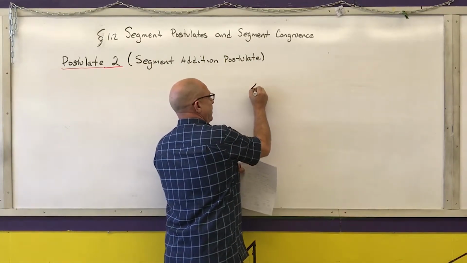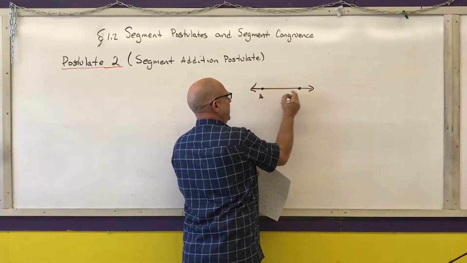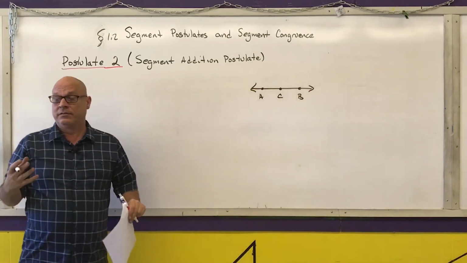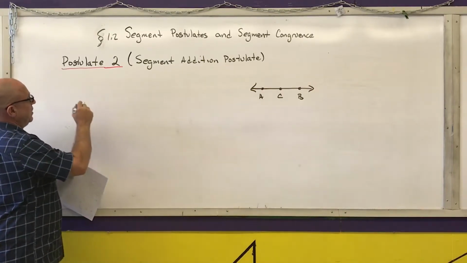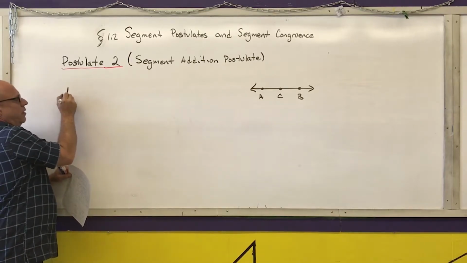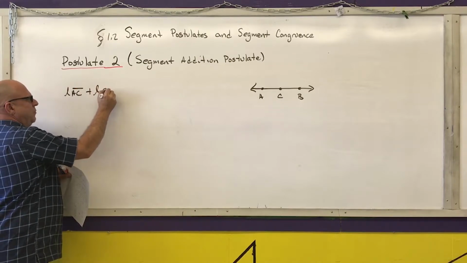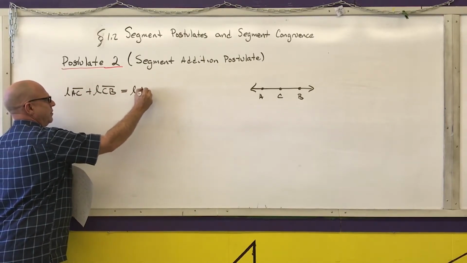So, key thing about the segment addition postulate. Okay, so I have AB here. C is in between A and B. So, if this is the case, I know that the length of AC plus the length of CB has to equal the length of AB.